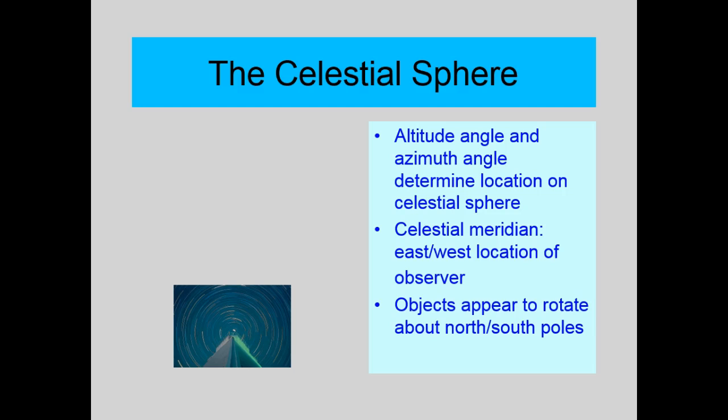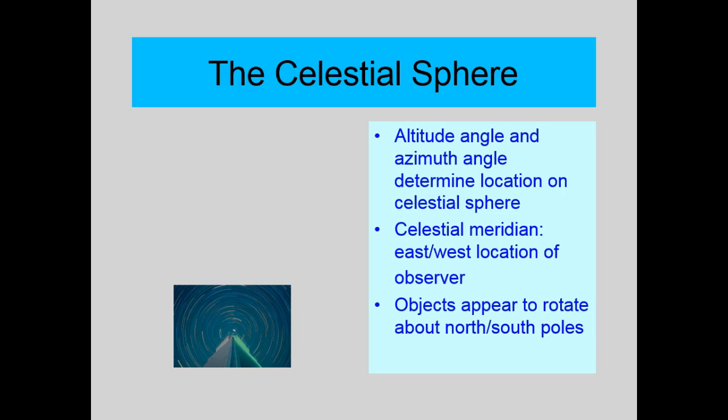My celestial meridian. It's the east-west location of the observer. So the star was there, my local meridian is here. How far east or west of my local meridian is that star?